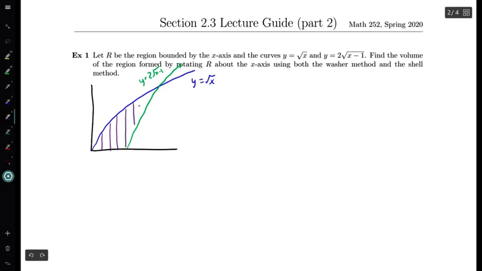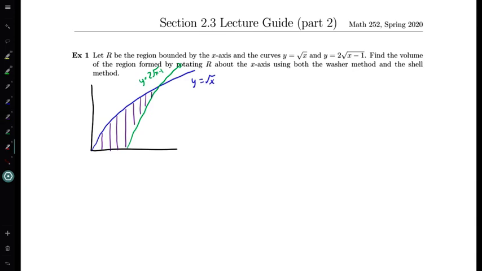But as I keep moving to the right, eventually my lower bound is the green curve rather than the axis. So if I'm integrating with respect to x, I'm forced to split up the integral into two pieces. One where the upper bound is the blue curve and the lower bound is the black curve. The other where the upper bound is the blue curve and the lower bound is the green curve. So integrating with respect to x doesn't seem like the greatest idea here.